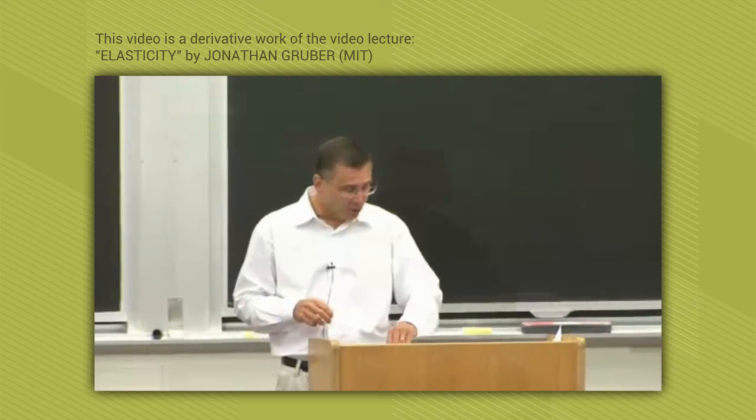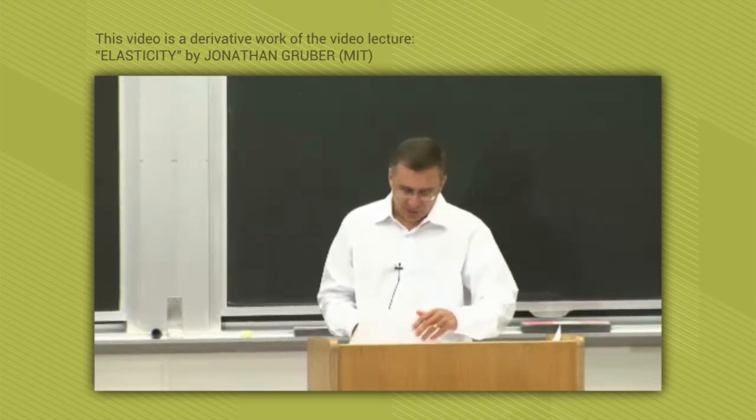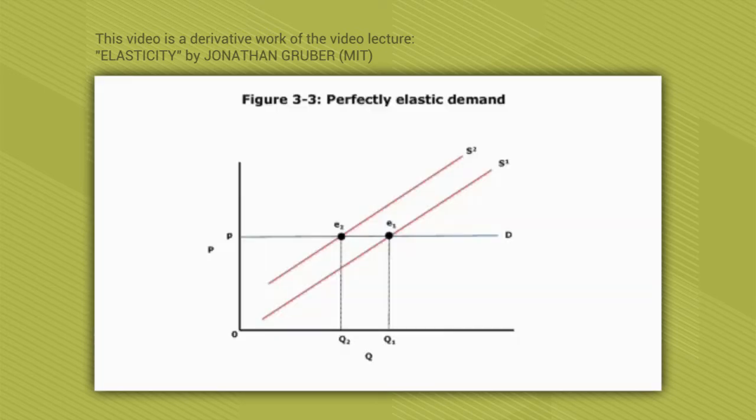Now let's consider the opposite. Let's look at figure 3.3 and think about perfectly elastic demand. Perfectly elastic demand is demand where consumers essentially don't care about the quantity, they just care about the price. That is, there are infinitely good substitutes. A perfectly elastically demanded good would be one where there are essentially perfect substitutes.